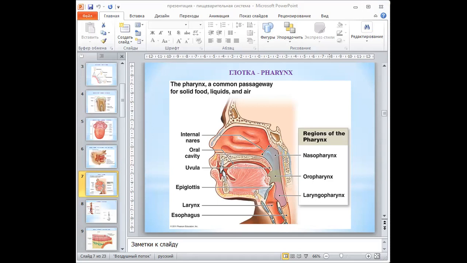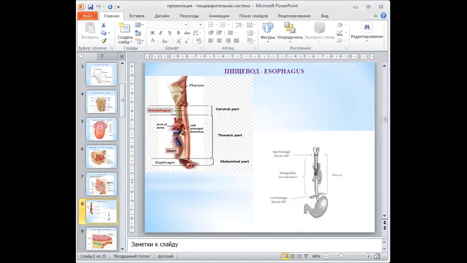The next part of the digestive system is the esophagus. The esophagus is a long, narrow, mobile tube. It begins at the sixth cervical vertebra and ends at the level of the 11th thoracic vertebra. The length of the esophagus is 23 to 25 centimeters.